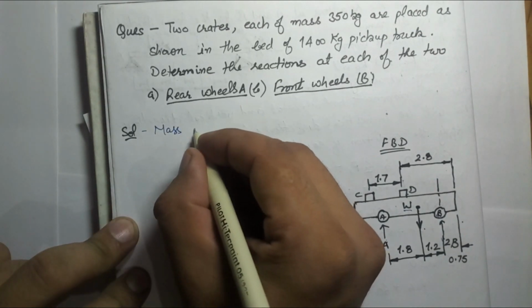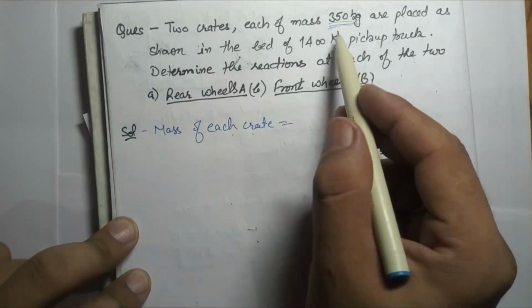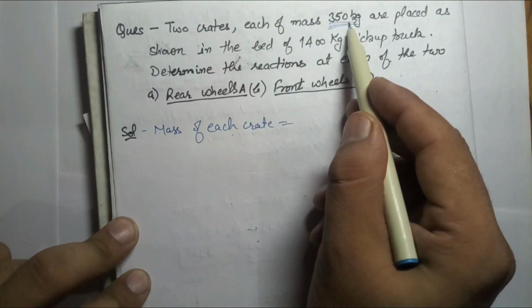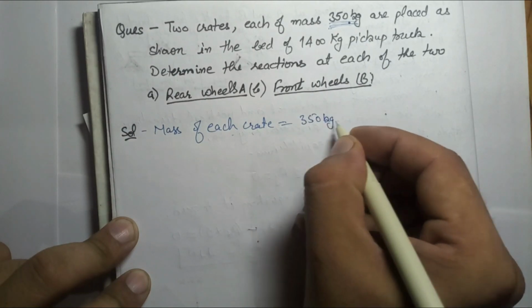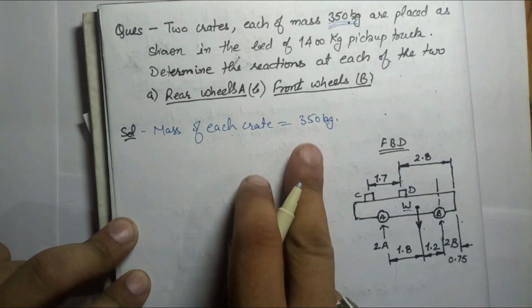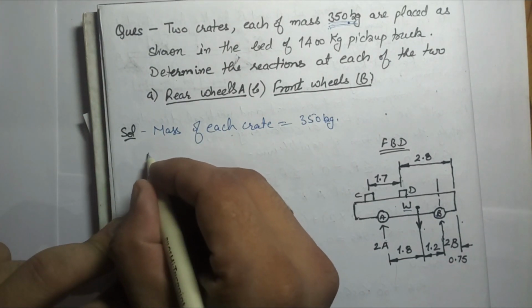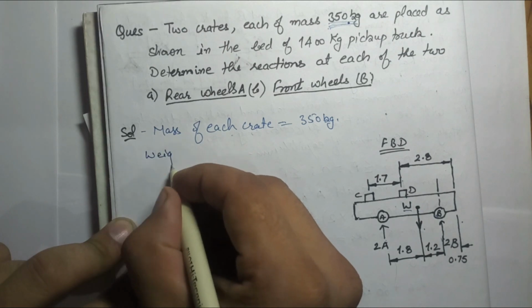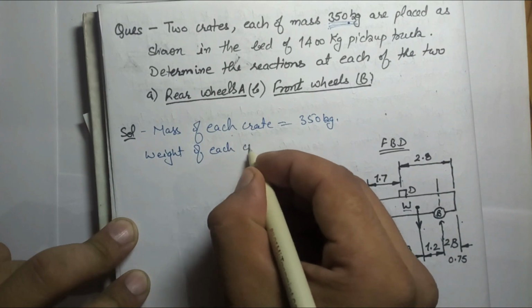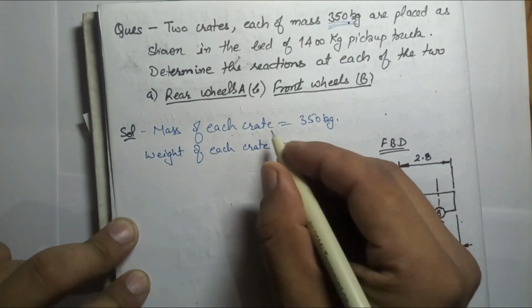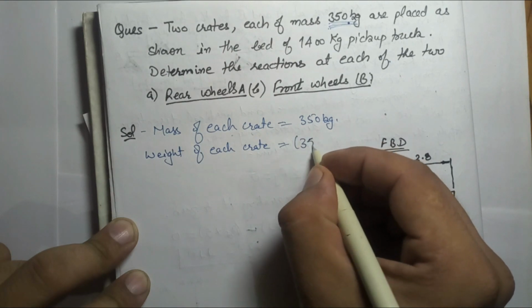We have the mass of each crate. It is given in the question, mass of each crate, that is 350 kg. We have to convert this mass into force just to solve the force equation. So the weight of each crate will be that mass into 9.81.